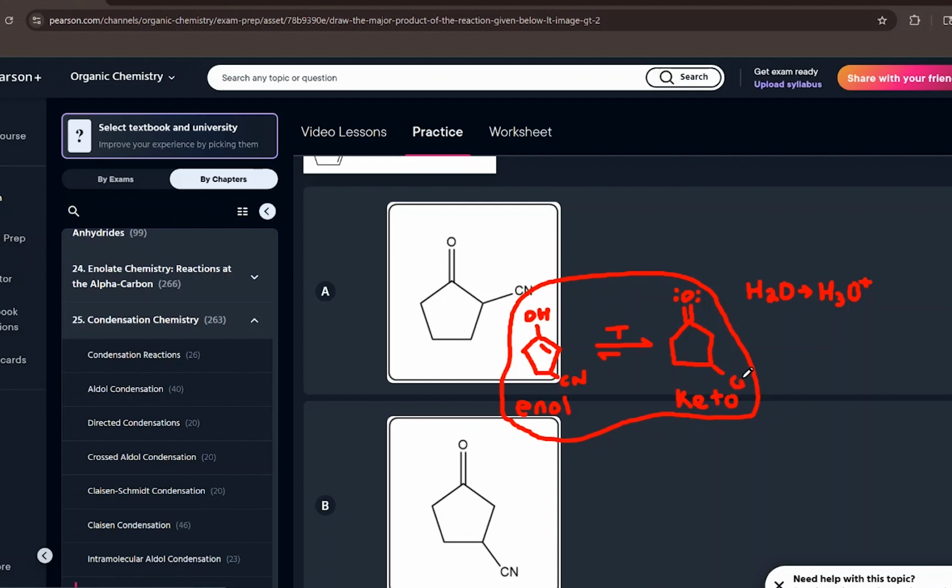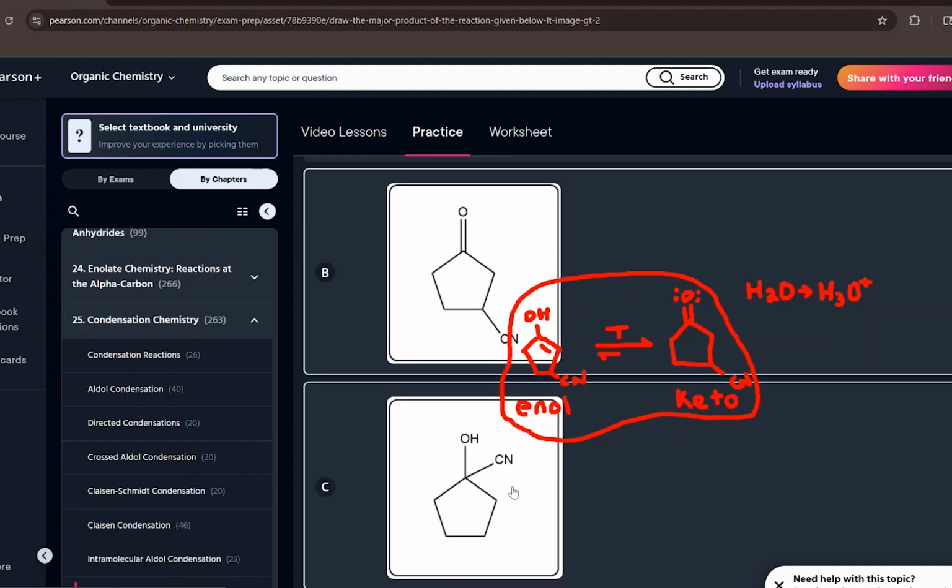I apologize. We can fix that though. Now we have the CN. Okay. And this does look like our keto form. As you can see, this is a direct copy of that. And I didn't notice that when I was tautomerizing from our enol to our keto. I just forgot to make that copy, but it is the same thing there. So I think B is going to be our answer.